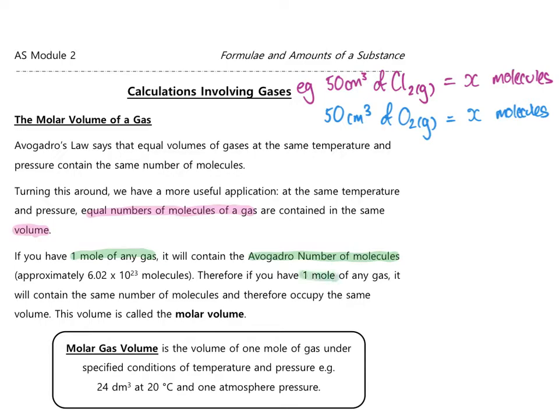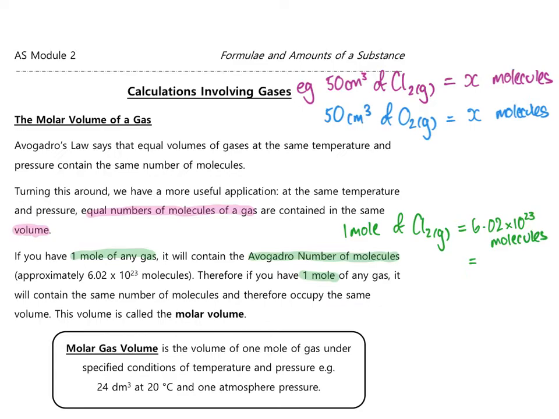So if we have 1 mole of any gas, it will contain the same number of molecules and therefore occupy the same volume. So let's say I had 1 mole of chlorine gas. That 1 mole of chlorine gas would contain 6.02 times 10 to the 23 molecules.